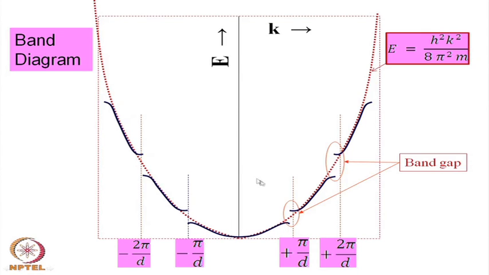This is one volume which contains the continuous, or quasi-continuous, energy levels. Then there is another volume, a band. Here it looks like a slice, but it is actually a volume, and then there is another.